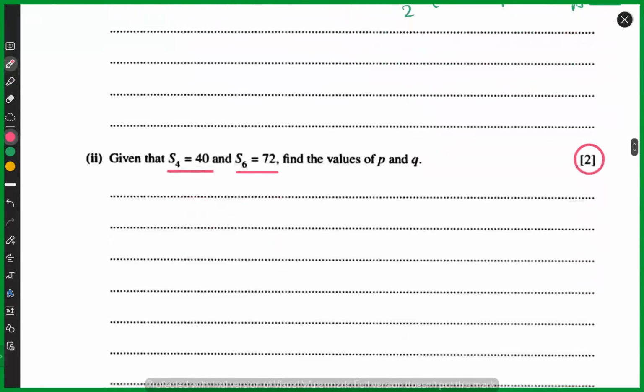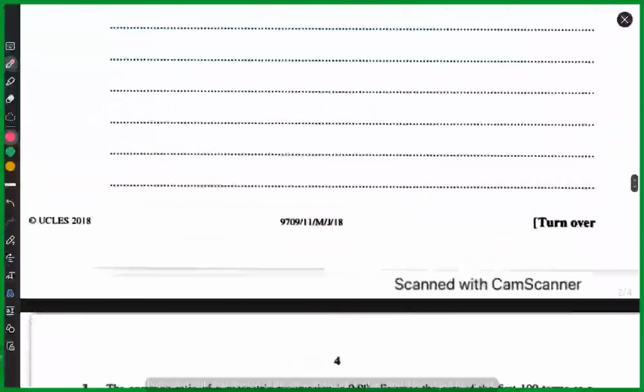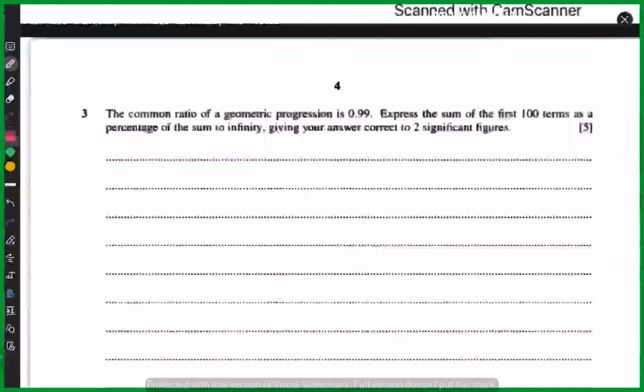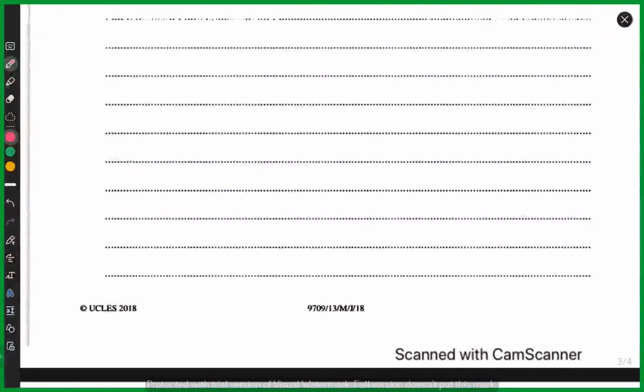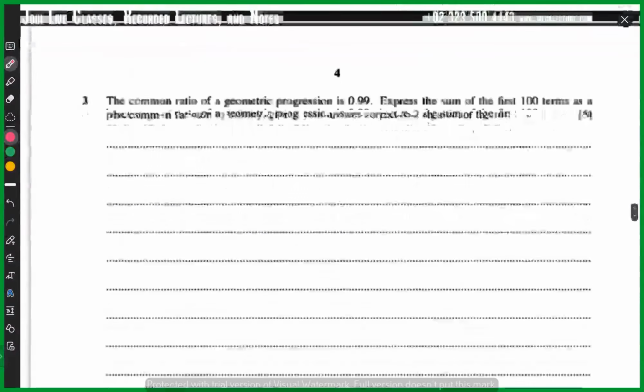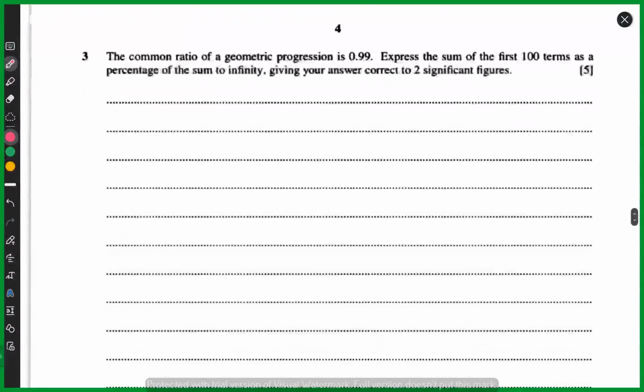Now this is basically question number 3 of this exam. You can just note the details. This is a 5-mark question, and it says the common ratio of a geometric progression is 0.99.